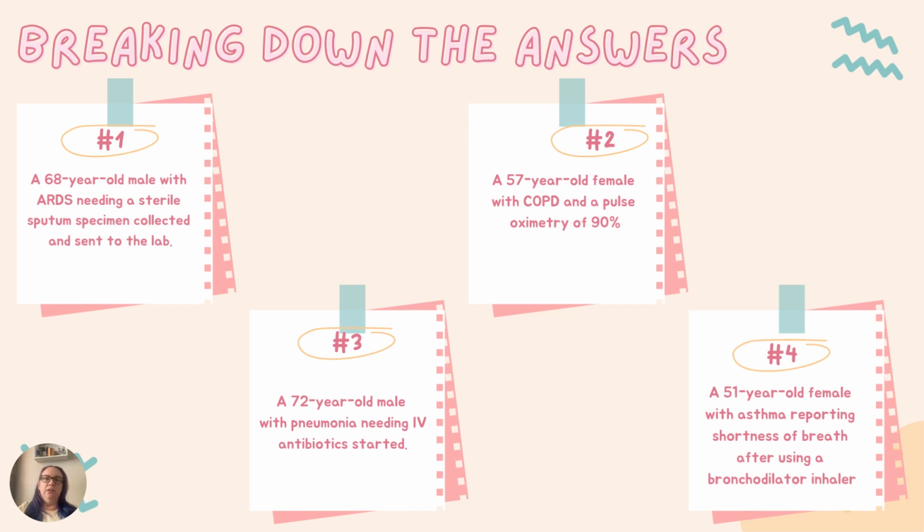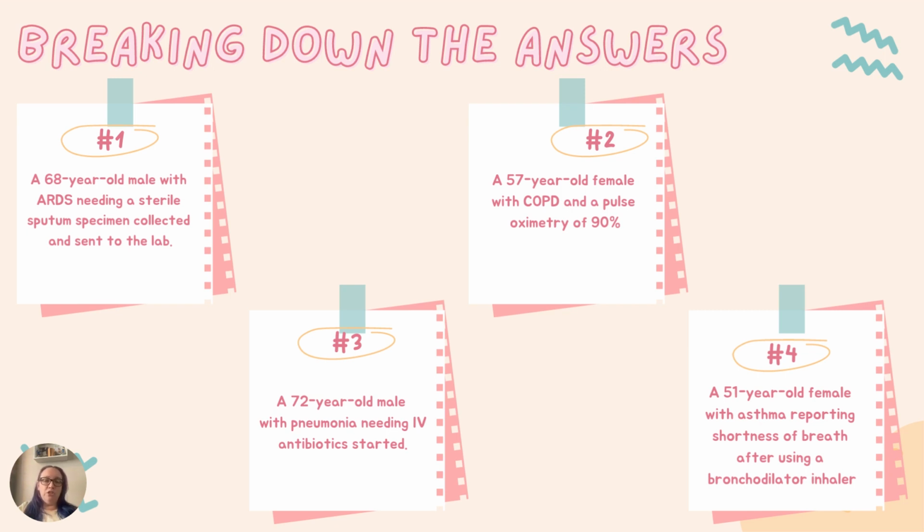That is something that can wait until we have dealt with other patients. Our second patient was a 57-year-old female with COPD and a pulse oximetry reading of 90%. So remember, COPD is a chronic condition, and a pulse oximetry of 90% is an expected finding in someone with COPD. So while we do need to see that patient, she is not the priority.